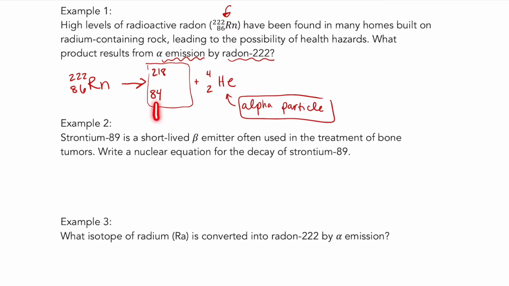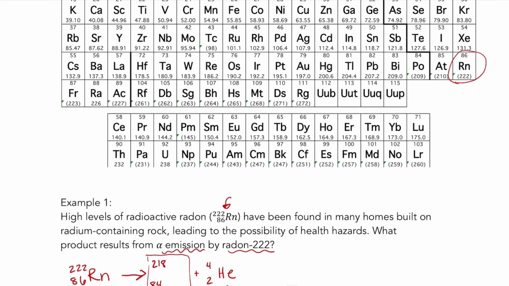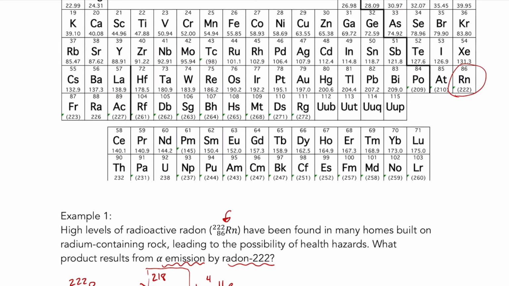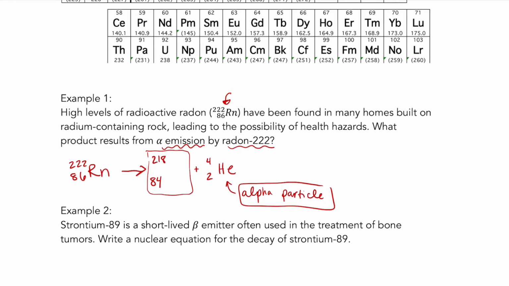Now I go to the periodic table and I look for what element is atomic number 84. So I'm looking up here, 86, 84 is just 2 behind radon, and it's going to be polonium.